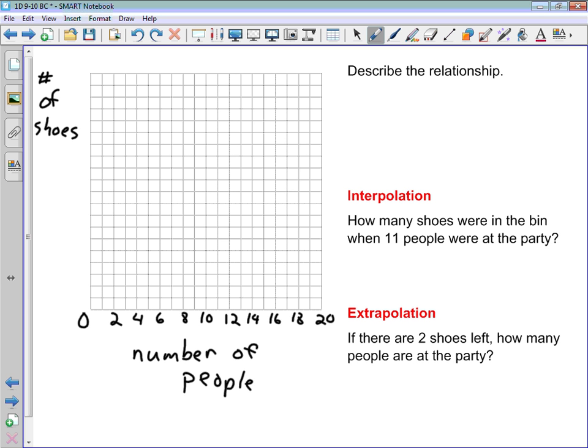And let's see, going up the side, my number of shoes left has to get up to 32. I know that I have 20 boxes here because all of these grids that I'm using are 20 by 20. So a good scale would be going up by one box represents 2. So I'm just going to do every other one. So I'm going to go up 4, 8, 12, skip to 16, skip to 20, 24, 26, 28.